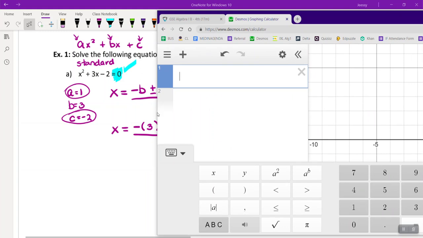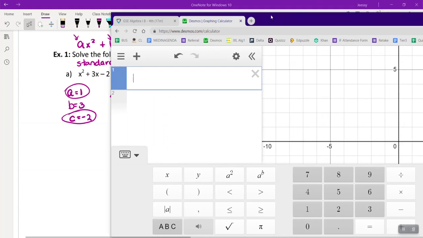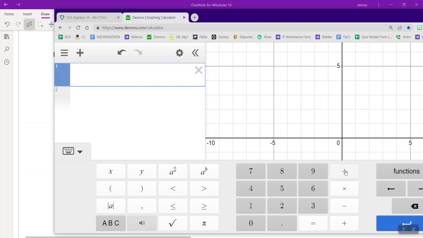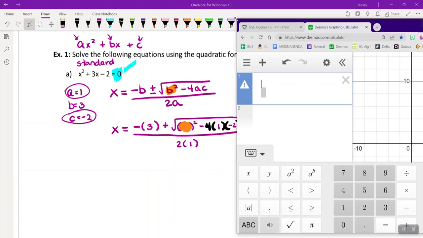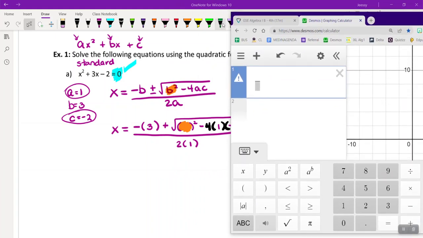Of course, it's not working. This division key will also give you the fraction in Desmos. Any questions on that? Do the fraction bar first, especially if you're on a calculator. Now, if you don't have a fraction bar, then do the numerator first, the denominator separate, and then do your division, okay? Like that, or get a real calculator.